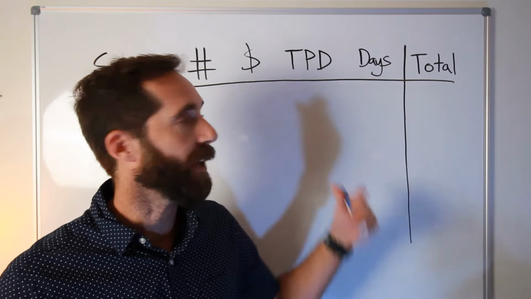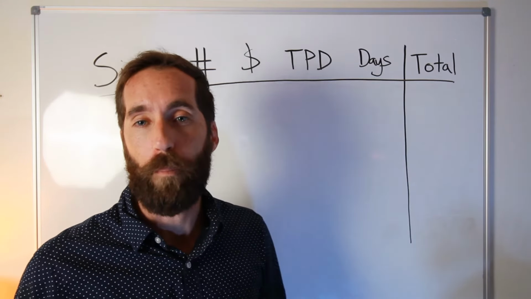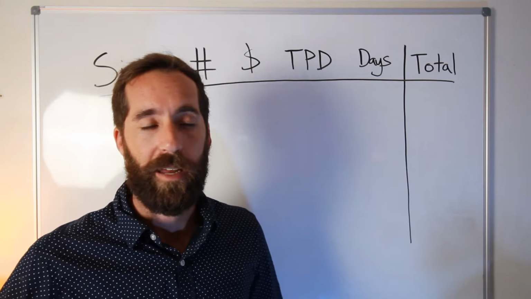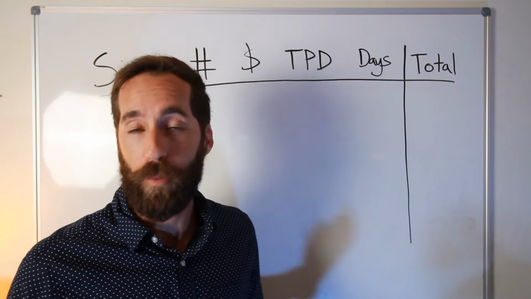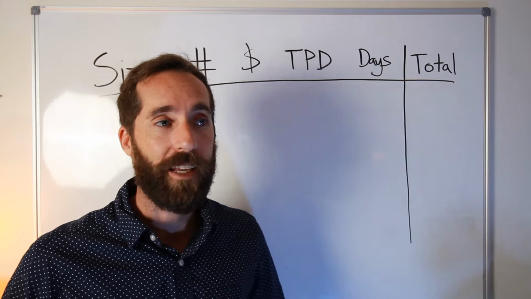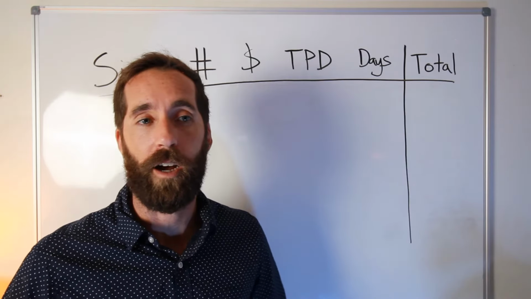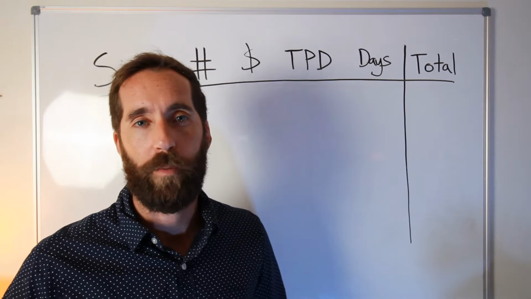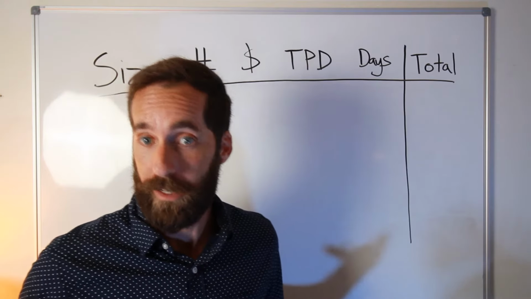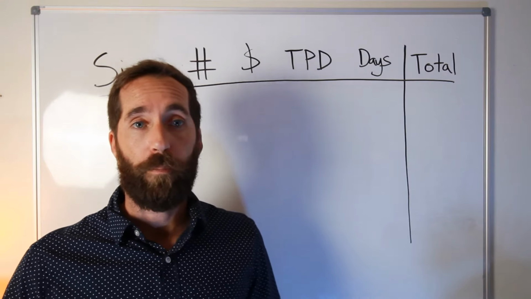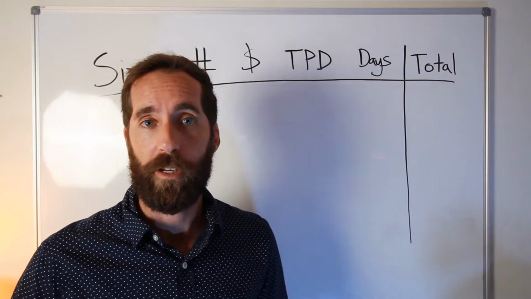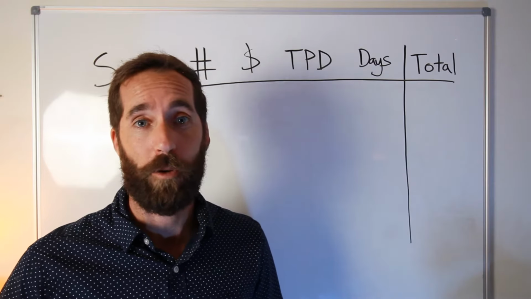For turns per day, a pretty good number to use, in my opinion, is 3 turns per day. That's going to give you a pretty good idea of what an average laundromat will be doing. Now, there are laundromats that do less than 3 turns per day, and there are plenty that do more than 3 turns per day. In fact, there are laundromats that do a lot more.